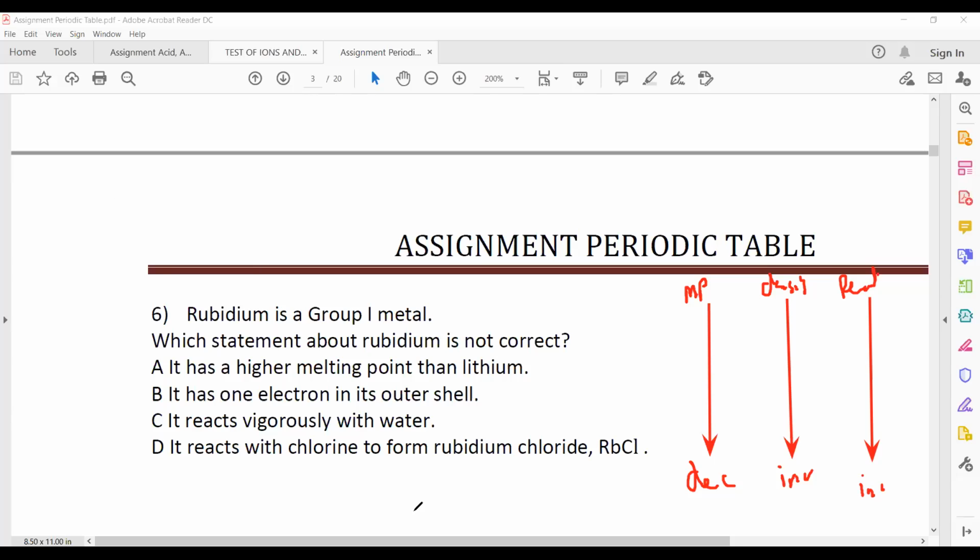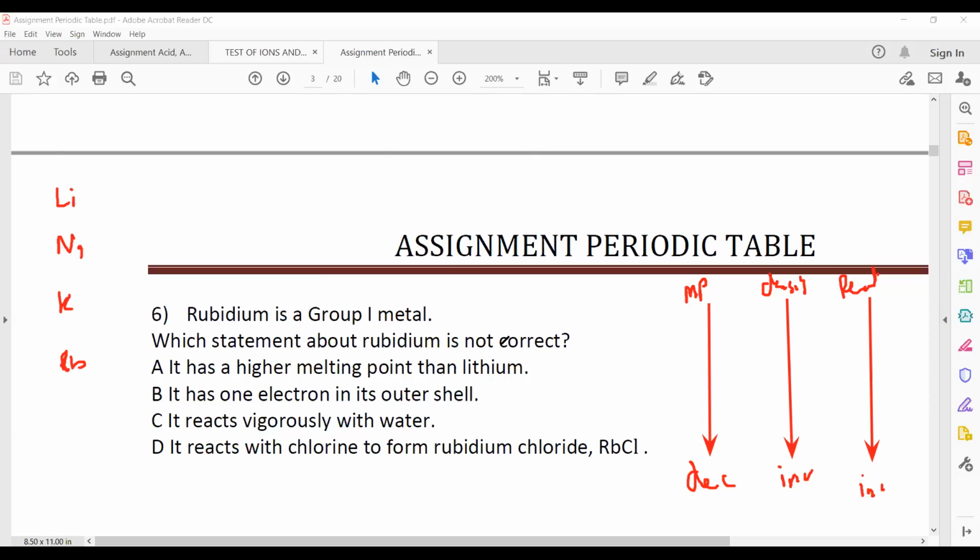And you have these elements: lithium, sodium, potassium, rubidium, cesium, and francium.